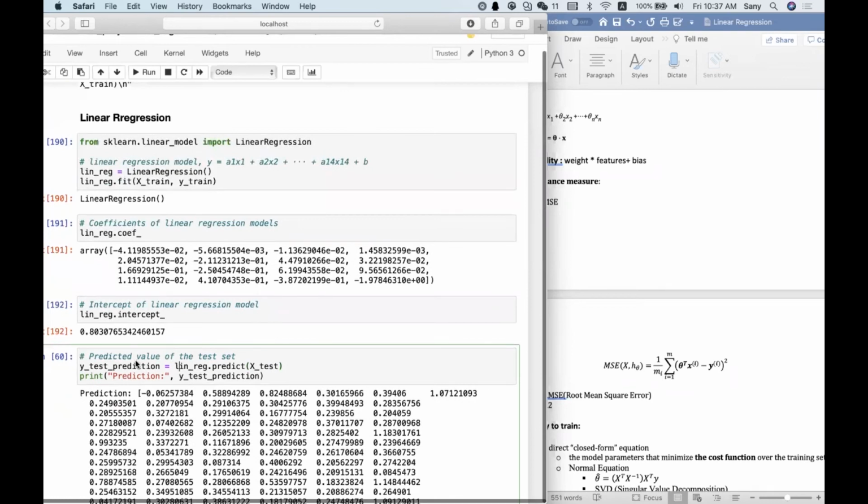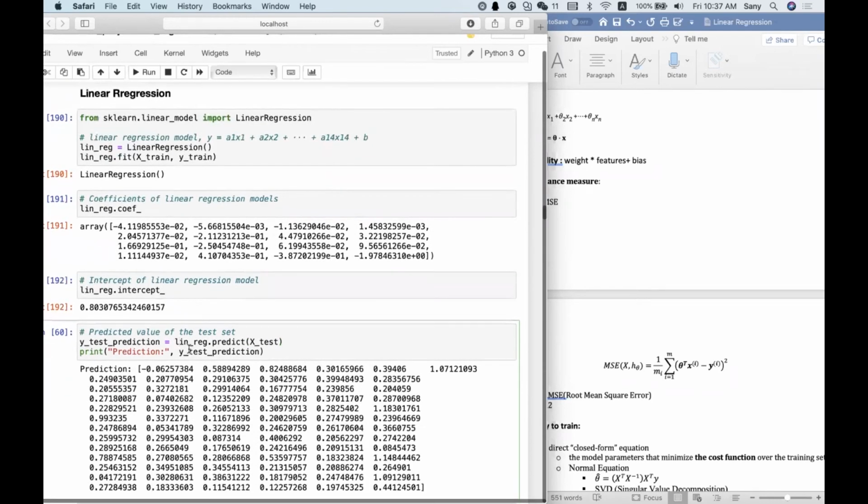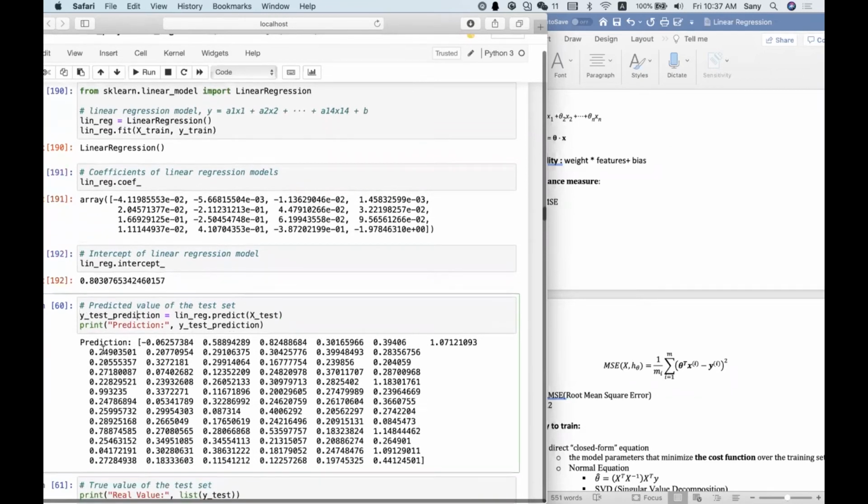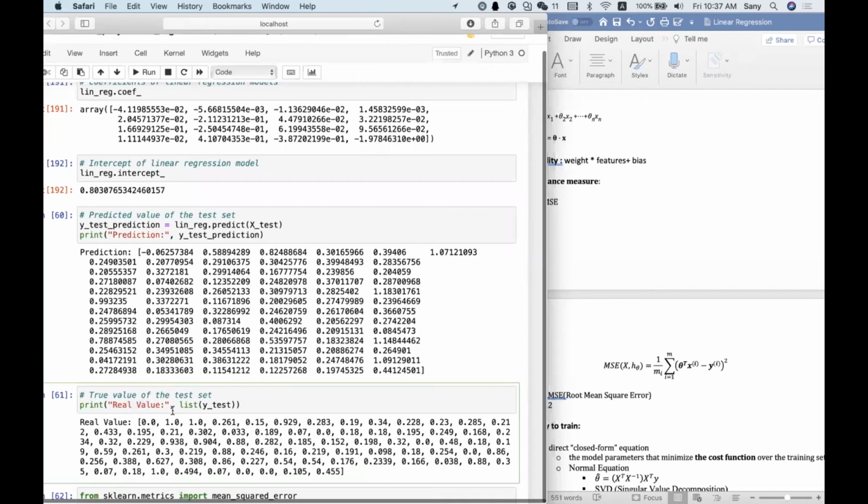So the prediction we have now, made by the linear regression, is the y-test prediction. And here shows the prediction result. And what is the real value? Because we know all of the data has been labeled before, we have those real values in the original data sheet.